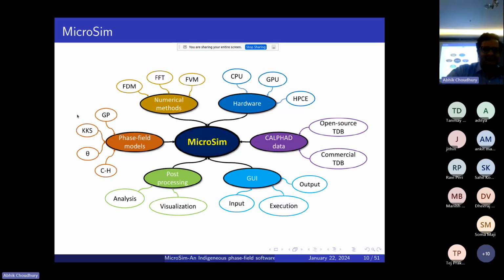And finally, this is not particularly relevant, but still it's of interest. If you look at most commercial or open source phase field solvers, they will mostly be connected to one particular model. In phase field literature, you have different models that you can write down, because the formulations are still evolving.